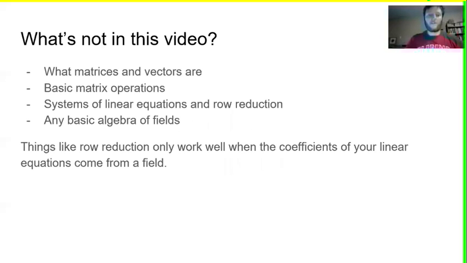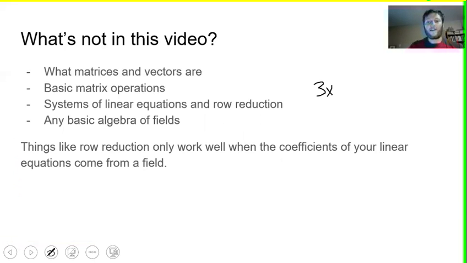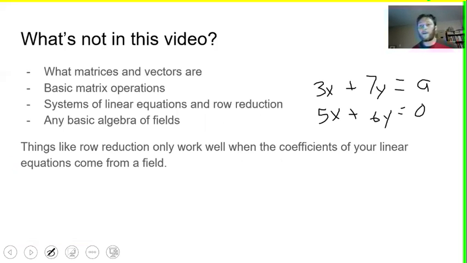Maybe you've used them to solve a system of linear equations like 3x plus 7y equals 9 and 5x plus 6y equals 0. Sorry for the bad handwriting, by the way. And you've written this system of linear equations as a matrix equation, Ax equals b.